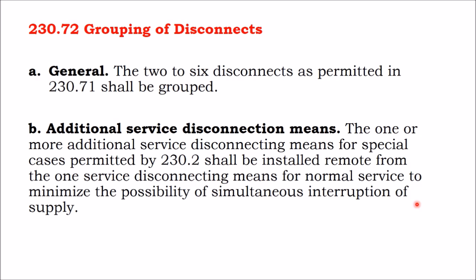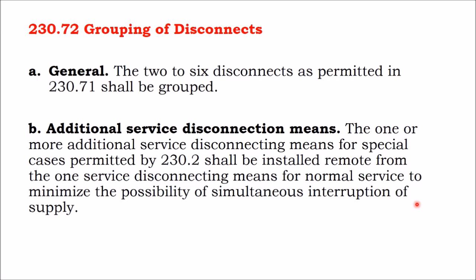Which means that if we have special switches for standby systems or for emergency backup systems, those switches need to be grouped in a different location so that in the frenetic moment of closing all these switches, you don't close the wrong switch and turn off the backup power supply without intending to.